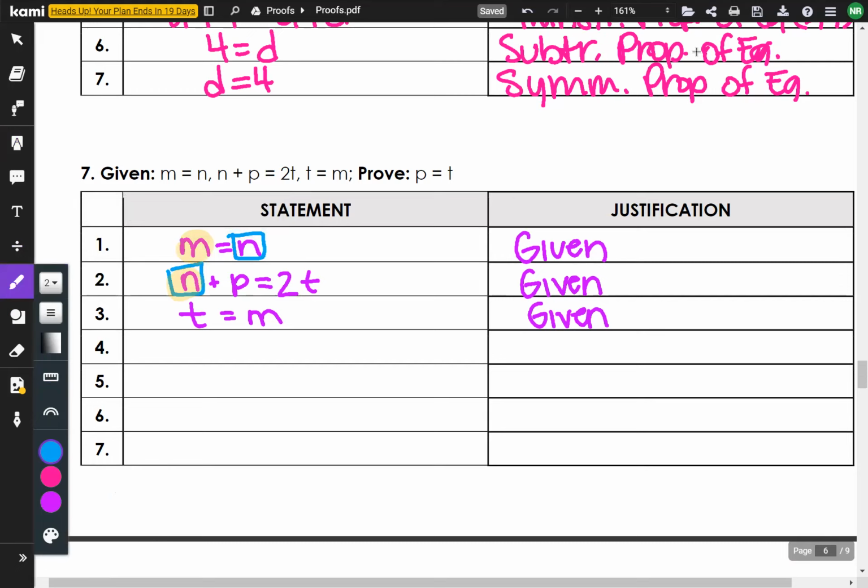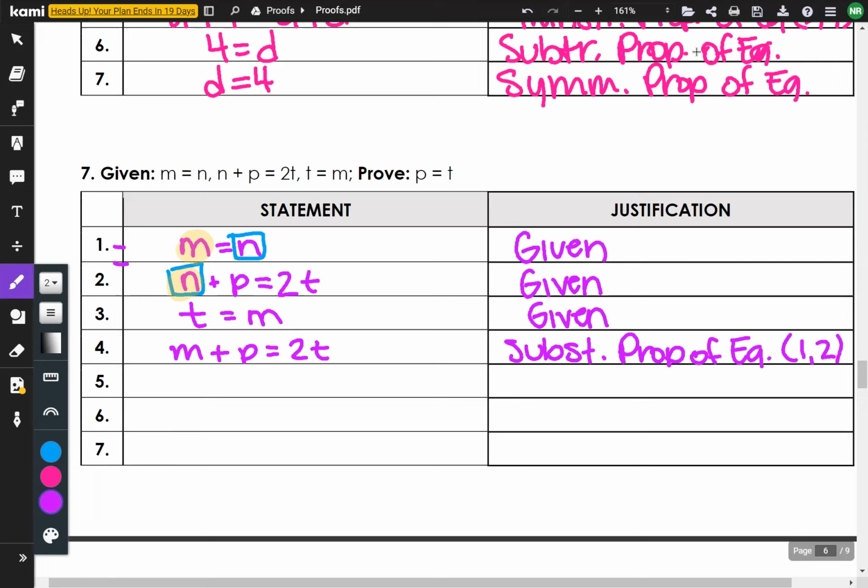And that would be what property? Substitution, since it's only a piece or a part of it. M plus P equals 2T. That was substitution of equality.